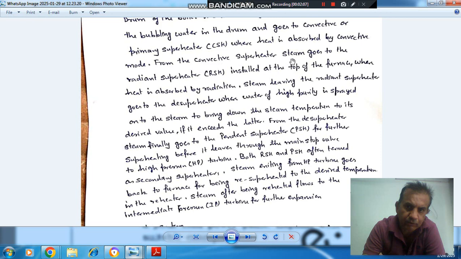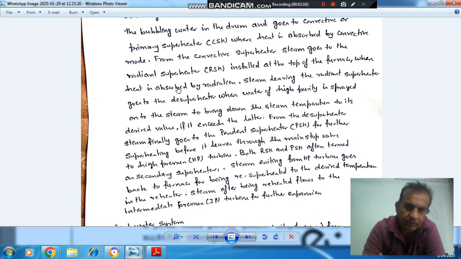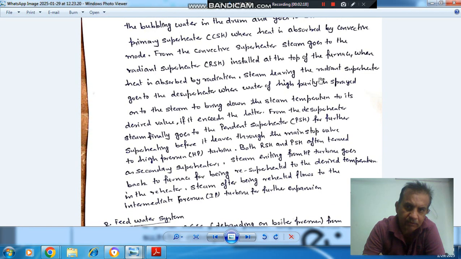From the convective superheater, steam goes to the radiant superheater installed at the top of the furnace, where heat is absorbed by radiation. Steam leaving the radiant superheater goes to the desuperheater, where water of high purity is sprayed onto the steam to bring down the steam temperature to its desired value if it exceeds it.